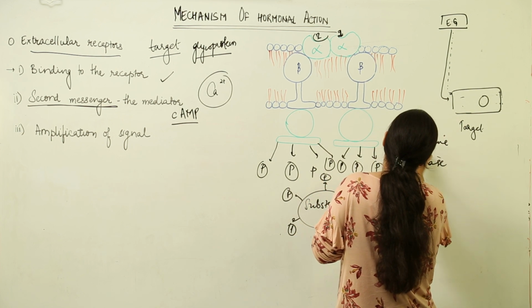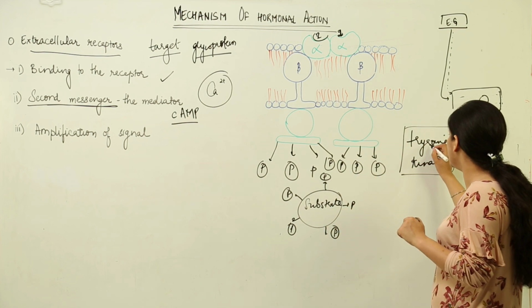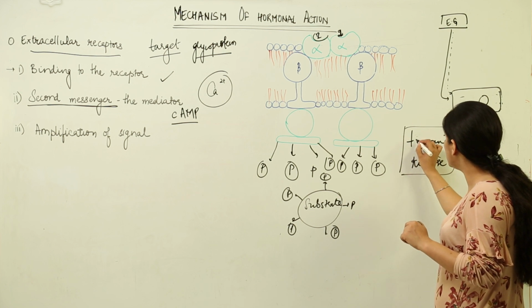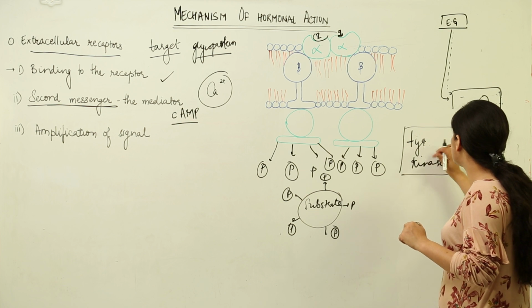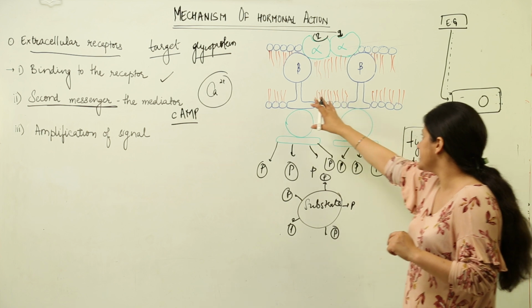And most of the hormones are derivatives of the amino acid tyrosine only. So not triosine, it is tyrosine. The spellings are a little bit wrong. Tyrosine kinase is the enzyme that is present over here.